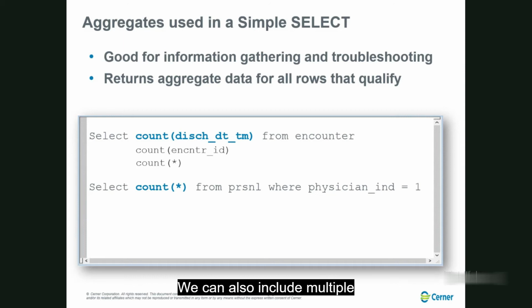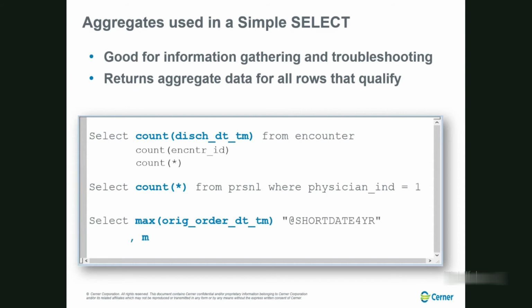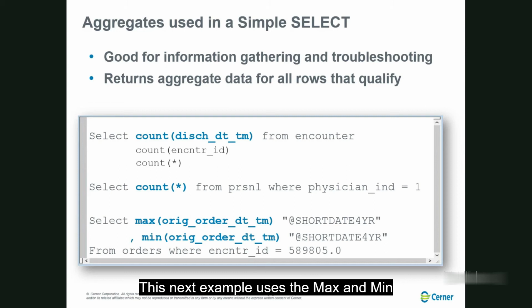We can also include multiple aggregates in the select list. This next example uses the max and min aggregate functions wrapped around the original order date time field from the orders table for a specific encounter ID. This will look at just the rows on the orders table for encounter ID 589805, then at the smallest and largest values of the original order date time field.